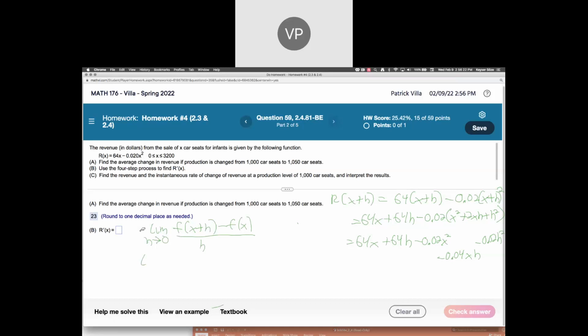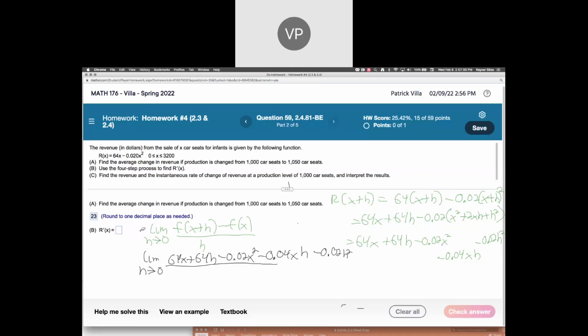So what I've got now, I've got the first component. I'm just going to go ahead and put that in right now. So on top, I have the 64x plus the 64h minus the 0.02x squared minus the 0.04xh minus the 0.02h squared.